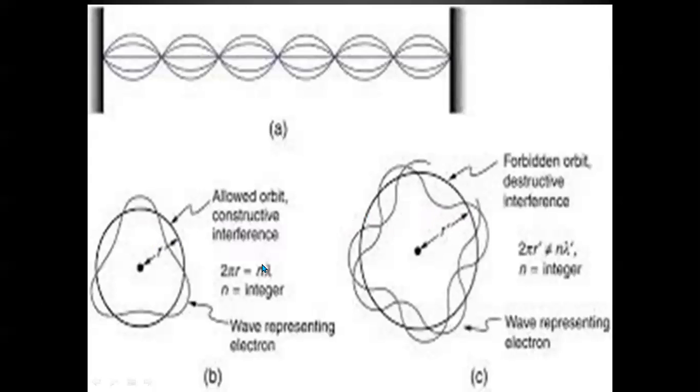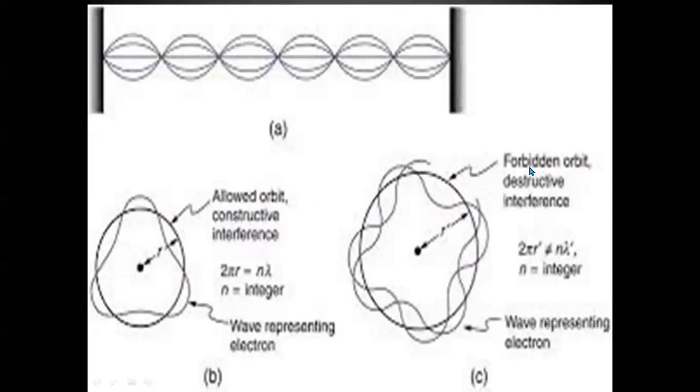Out of these two, this position on the left side is possible and this is not possible. Therefore, this is called an allowed orbit and this is called forbidden.